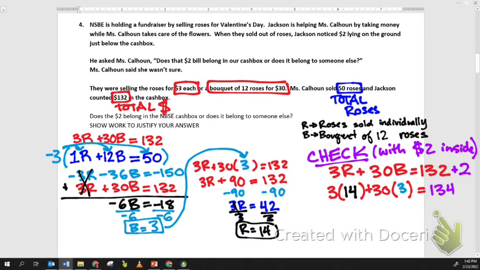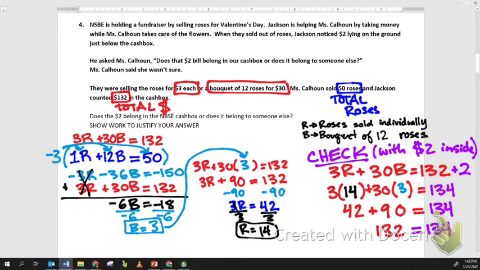I would have 134. So 3 times 14, like we know, is 42 plus 90. On this side, when we added the $2 back in, we got 134. But 42 plus 90 is 132.